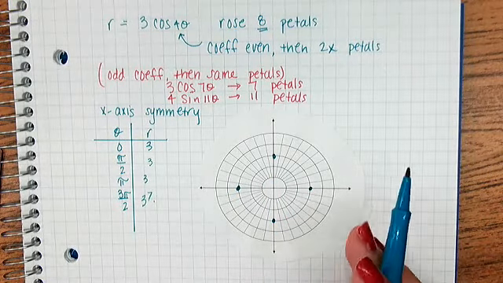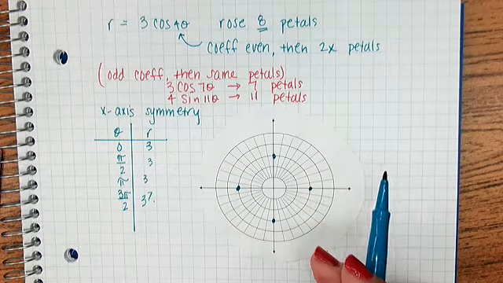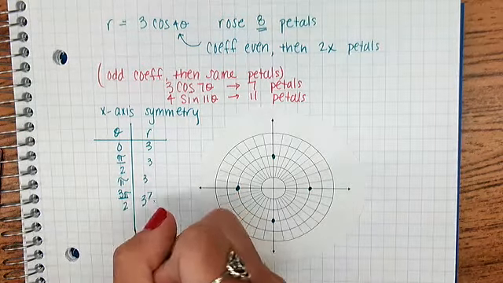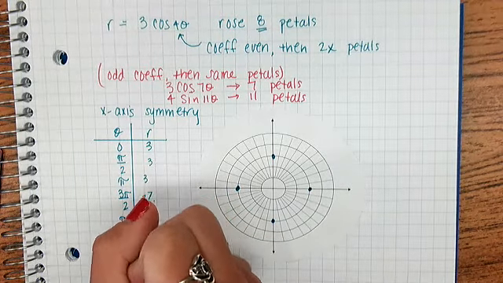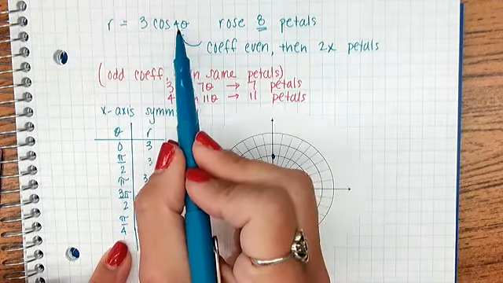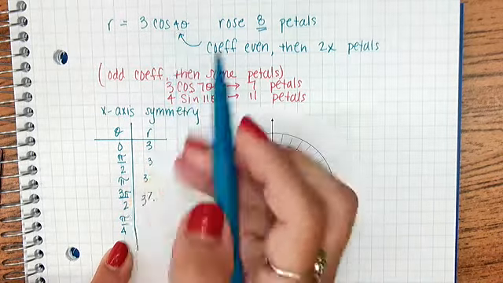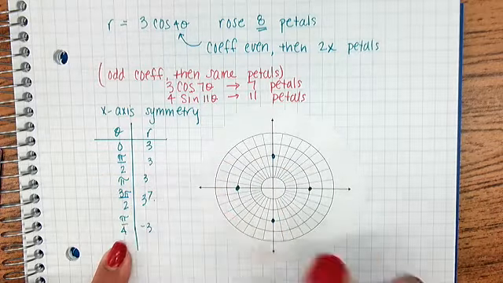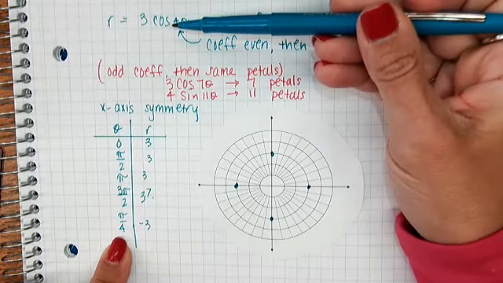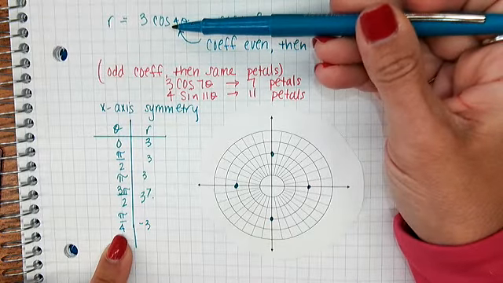So cosine, let's plug in, it doesn't really matter, let's plug in pi over 4. Plug in pi over 4, you get pi. The cosine of pi is -1, so you get -3. I believe that's right. 4 times pi over 4 is pi.